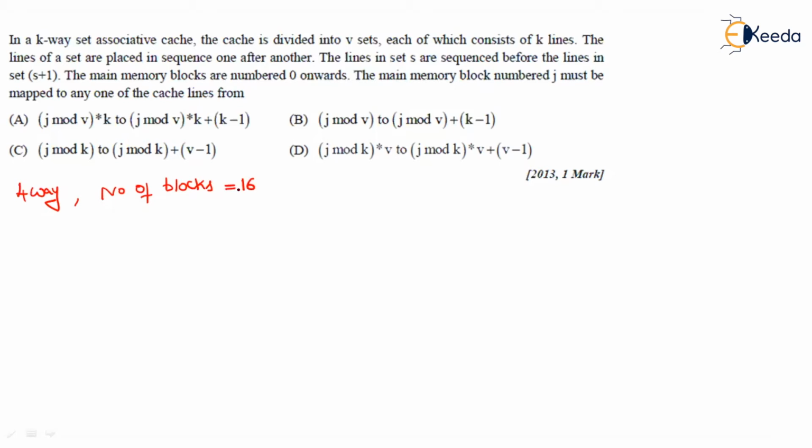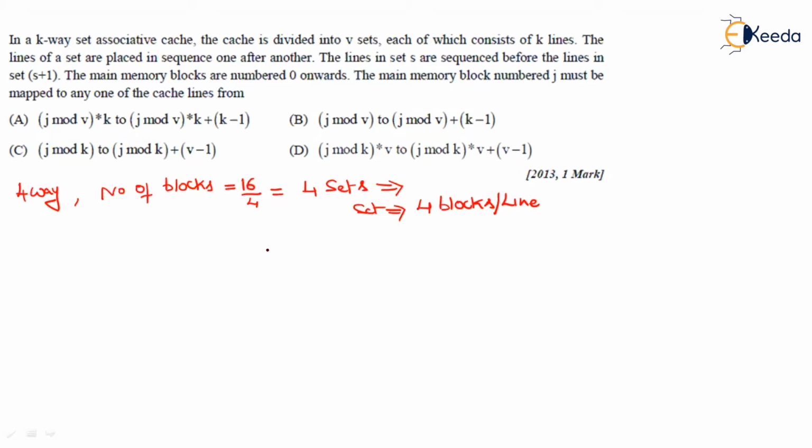As it is 4-way, 16 by 4, there will be 4 sets. Each set is of 4 lines or 4 blocks, whatever you call. Set is equal to 4 blocks or lines. Now, let us have a look.